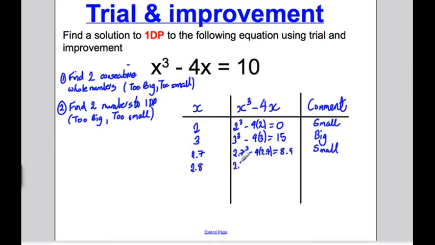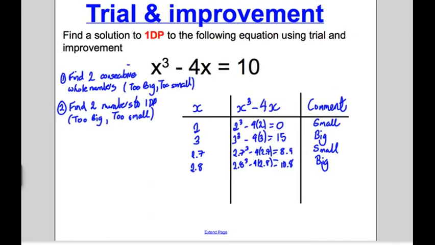If I do 2.8 cubed minus 4 times 2.8, I get about 10.8, which is too big. And I've done step 2. These are consecutive decimals to 1 dp, and one's too small and one's too big.